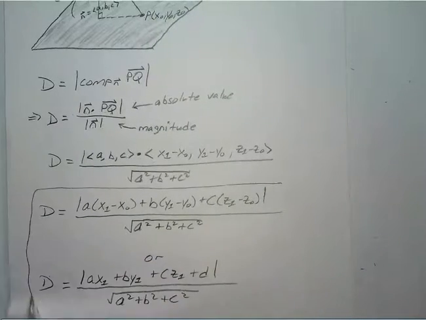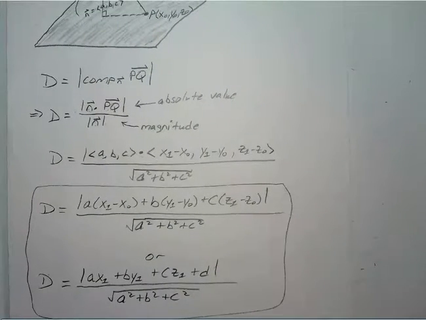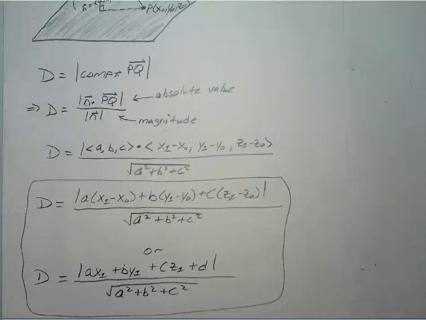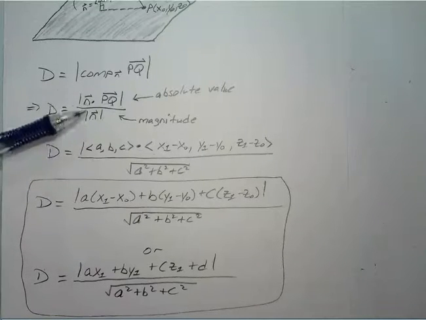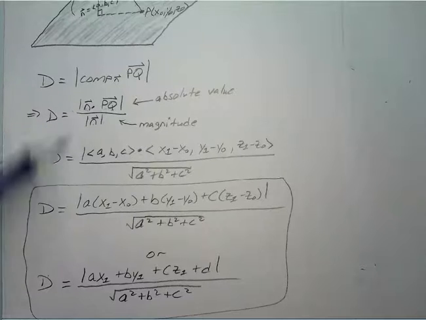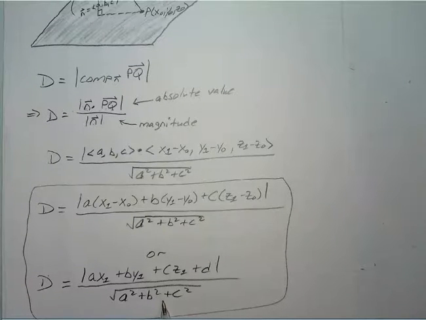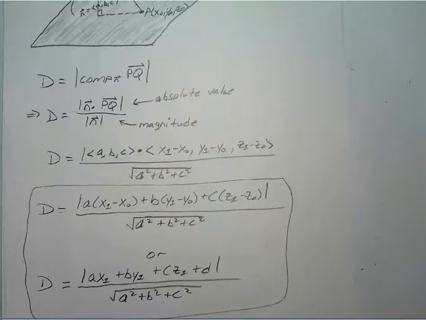So you can use either of those formulas. To cut back on the confusion between the absolute value and magnitude, it's shown as just the square root of each term squared.